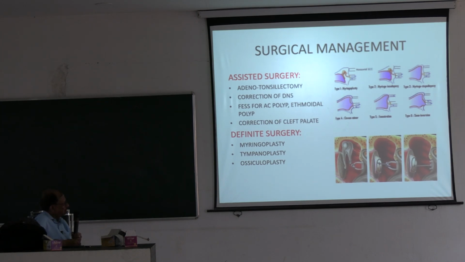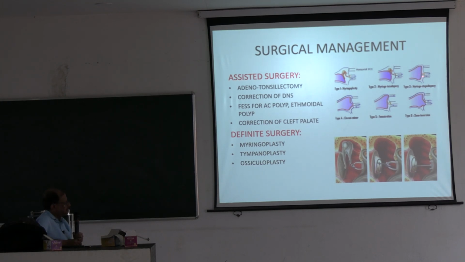Type 2, here malleus is destroyed. So, graft is placed on the incus. Over the incus, the tympanic membrane graft is placed. This is type 2.